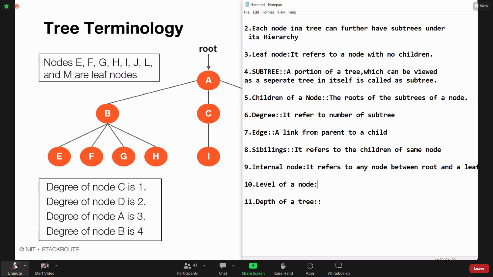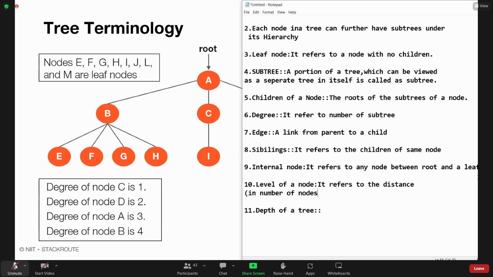So level of a node refers to the distance, in number of nodes, from the root. Degree is different.